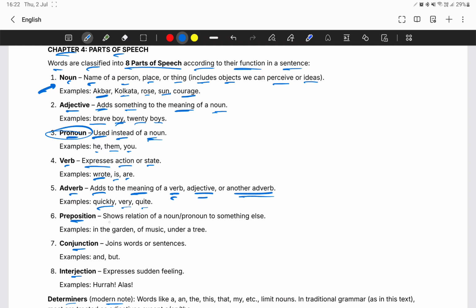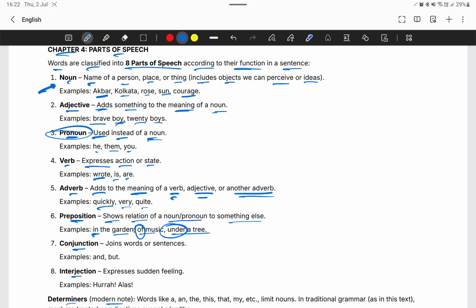Next, preposition, which shows relation of a noun or pronoun to something else. So preposition is used to show relations of a noun or pronoun to something else. Example, in the garden, of music, under a tree. So here is under, here is of, here is in.